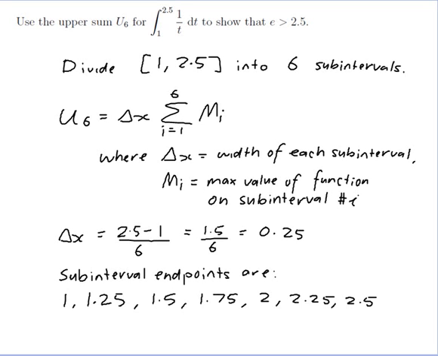So next I need to know where the maximum is on each interval, so I have to calculate capital Mi, and my function is 1 on t, which is decreasing. So the maximum happens on the left hand side every time. Let me start a new page to say that.